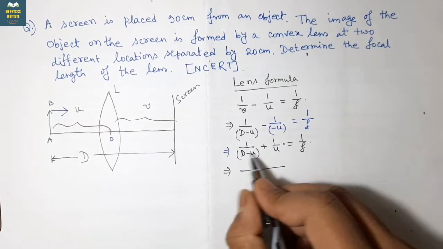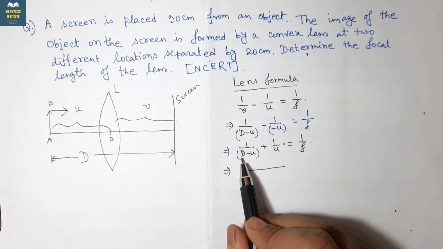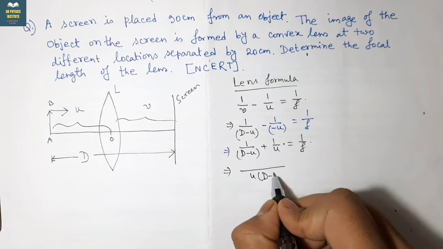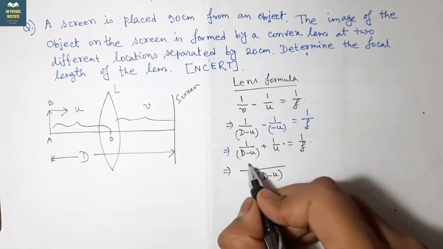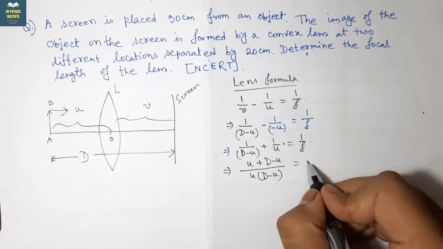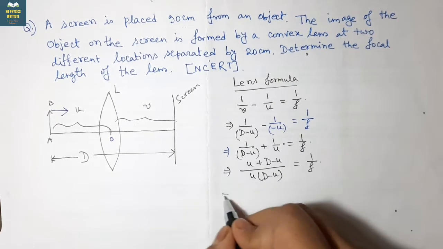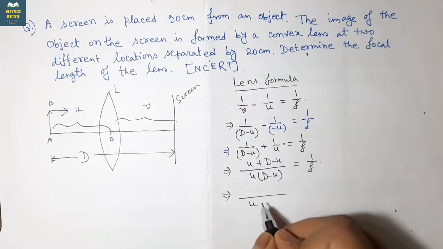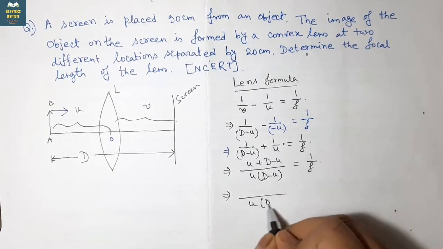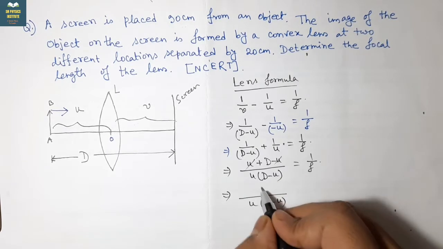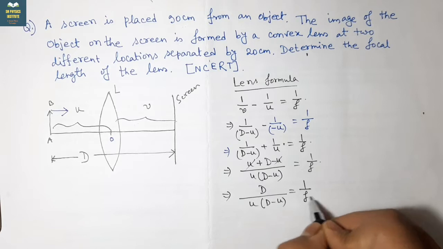Now if you take the LCM of D minus u and u, it is very simple: u into (D minus u). So this is u plus D minus u, over u into (D minus u), is equal to 1 by f. The u cancels, giving D over u into (D minus u) is equal to 1 by f.